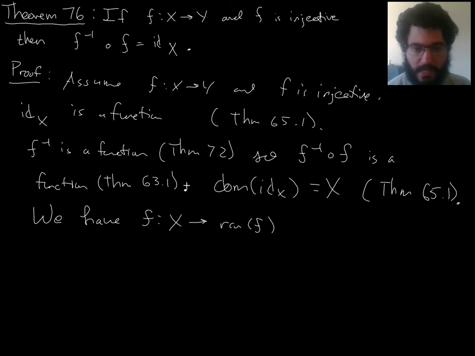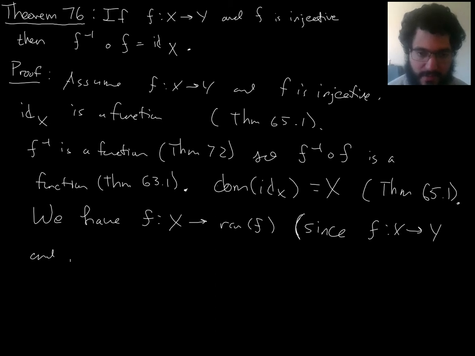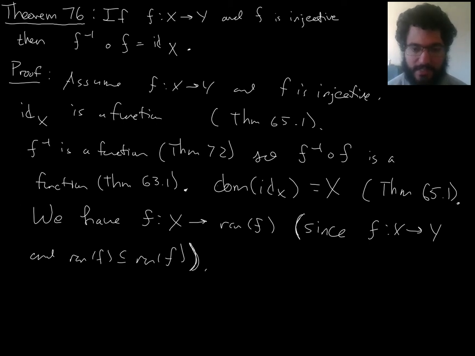The domain of f is x. We knew that from here. The range of f is a subset of what I wrote here. But what I wrote here is the range of f, right? So the range of f is a subset of the range of f, of course. So if I want to give a parenthetical justification here, this is since f maps x to y, and range f is a subset of range f. Although it looks silly to even say that.